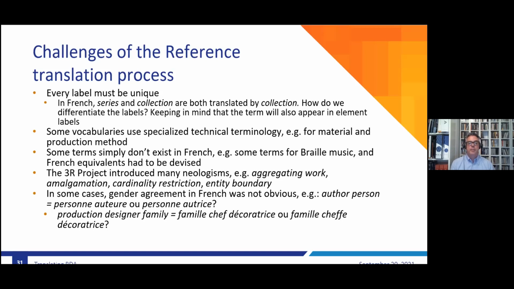So should we say famille chef décoratrice for production designer family, or famille chef with FE at the end, décoratrice for the same element. So in the end, luckily the French Academy had ruled on these terms, so we could follow their ruling on that.